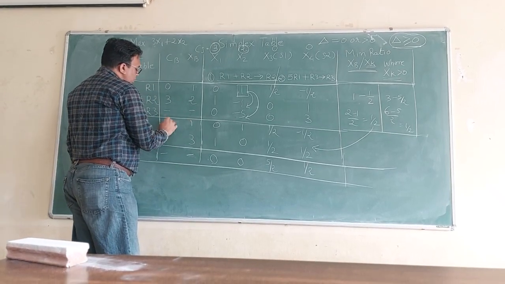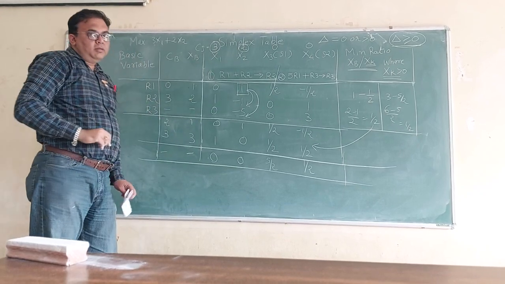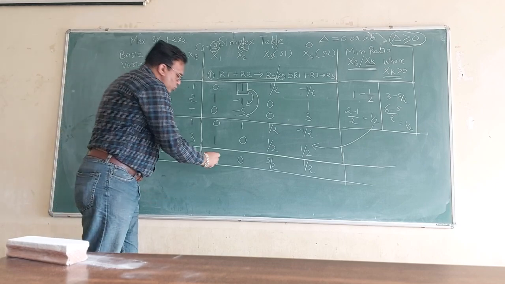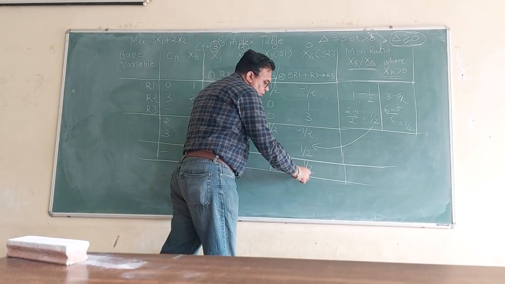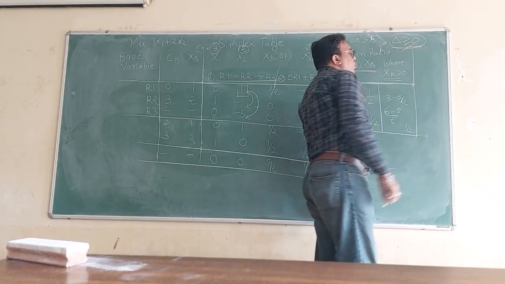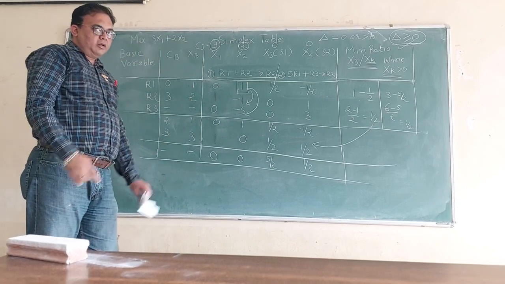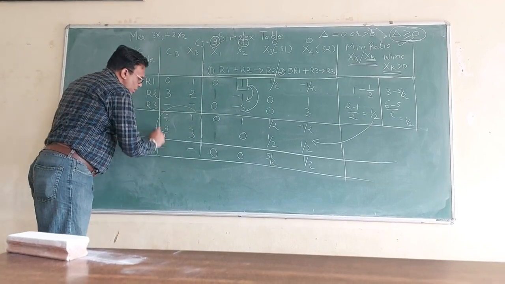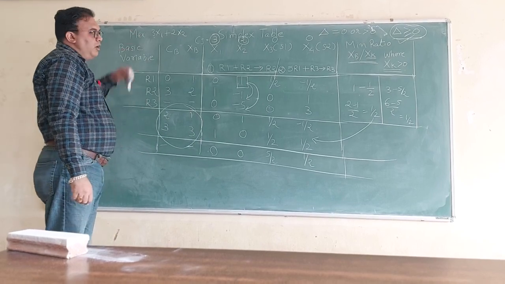Over here, 2. Done? Okay. So delta 1 is positive, delta 2 is positive, delta 3 is positive, delta 4 is positive. So as per our formula, if we find delta greater than or equal to 0, then we have to stop the process over here.